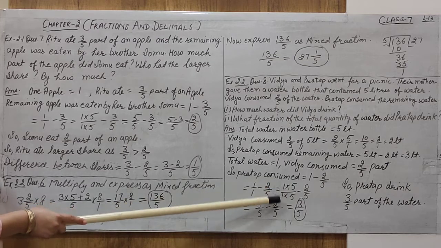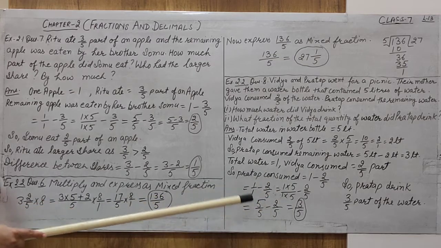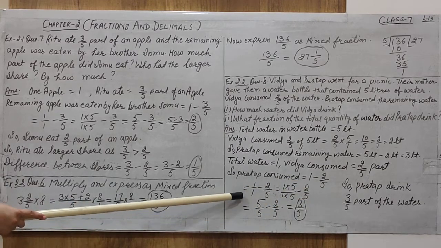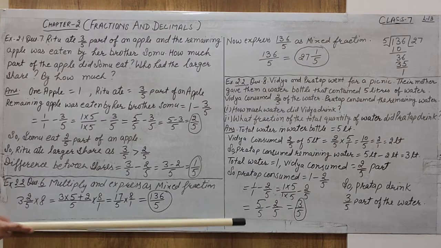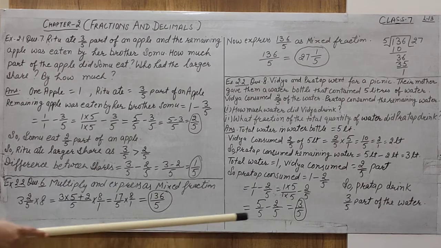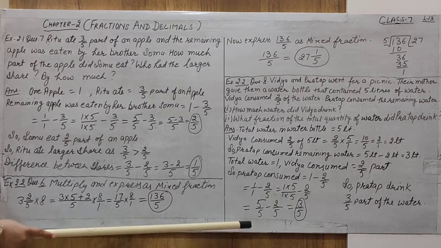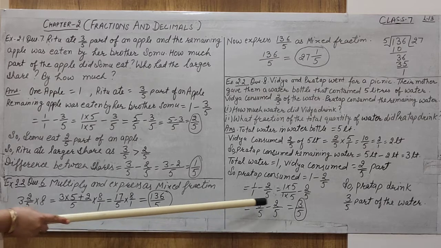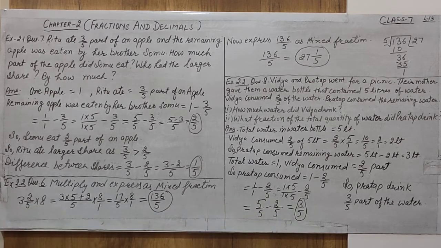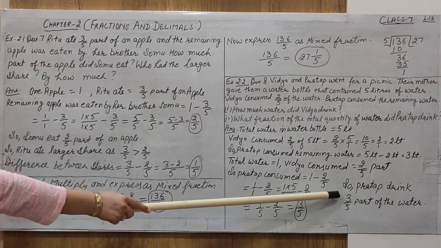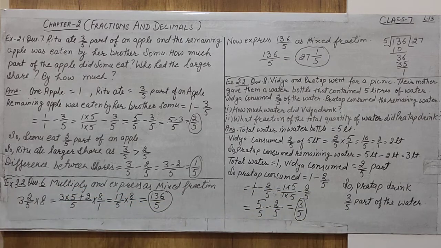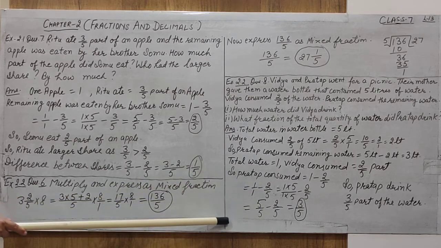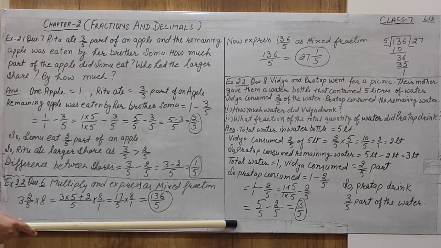So now the first number of the fraction, that is the whole part, changes into 5 by 5 instead of 1, by using the properties of fractions. Minus 2 by 5. So 5 by 5 minus 2 by 5, taking the LCM, we get 5 minus 2 is equal to 3 by 5. So Pratap drank 3 by 5 part of the water. Vidya drank 2 by 5 part and Pratap drank 3 by 5 part of the water.